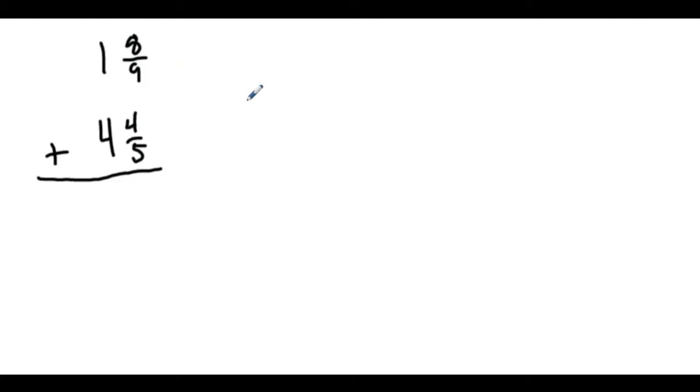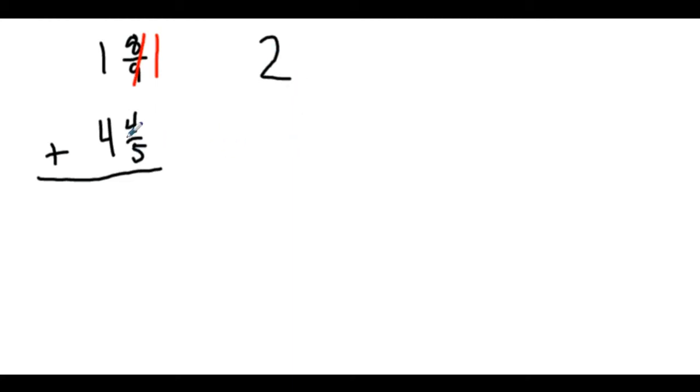So what I'm really looking at is the 1 I already have and the fraction now estimated to be 1. I have 1 and another 1, and that means add, so 2 is my estimate. 1 plus the fractional part that's about 1 is about 2.